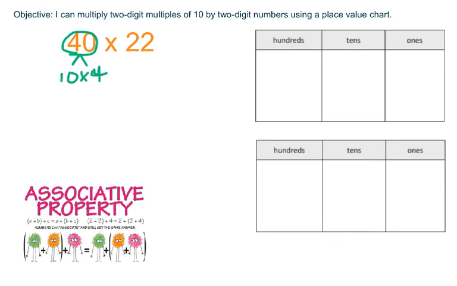Let me rewrite that real quick. There we go. 4. Okay. So now my new problem is 10 times 4 times 22. But I can rewrite this in a different way, because thinking about that associative property, 40 is not just 10 times 4, it's also 4 times 10.